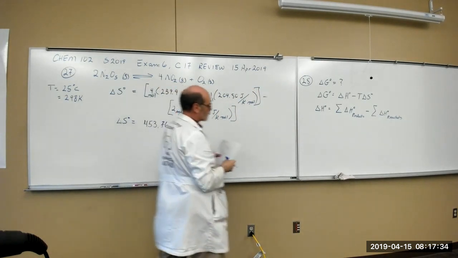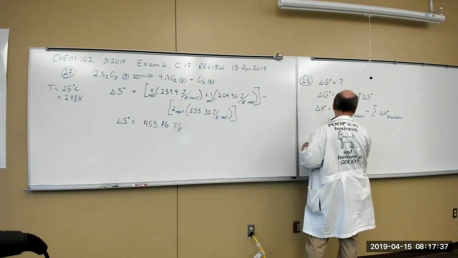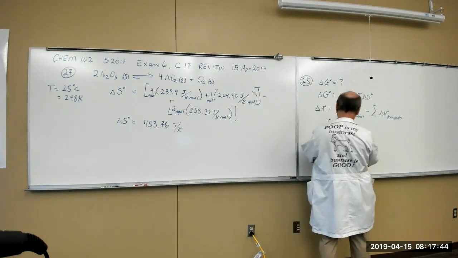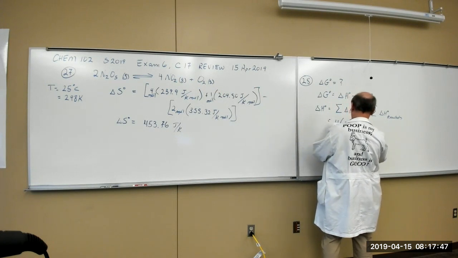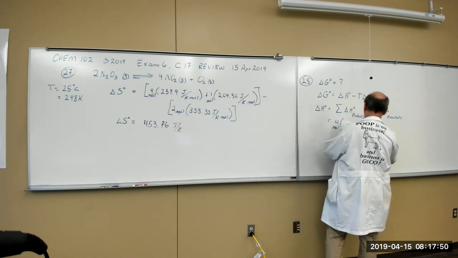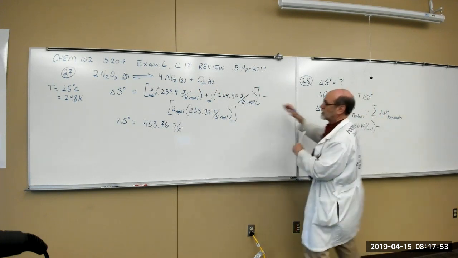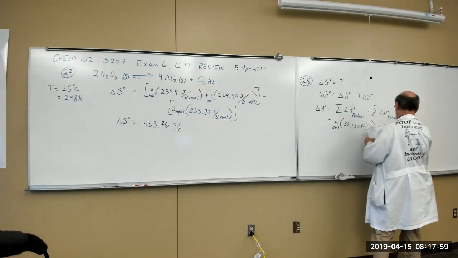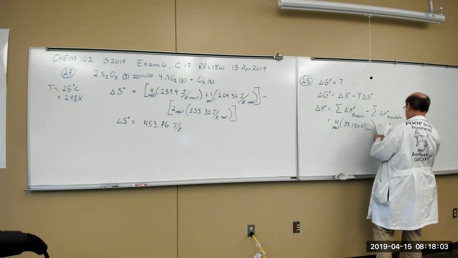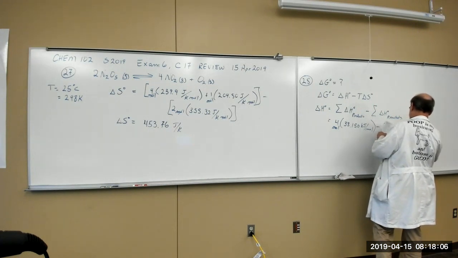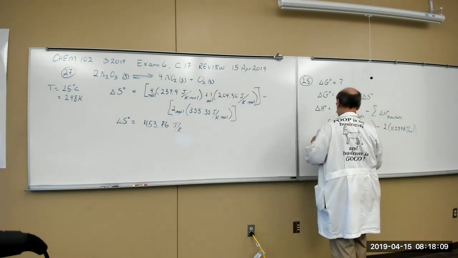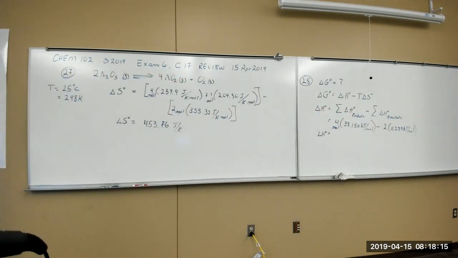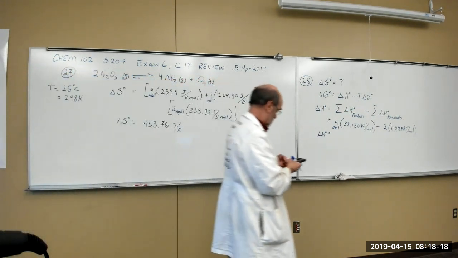We just do 4 times the NO2 for products, which would be 33.150 kilojoules per mole minus 2 times N2O5 delta H. Okay, and that will give us the standard delta H for this reaction.